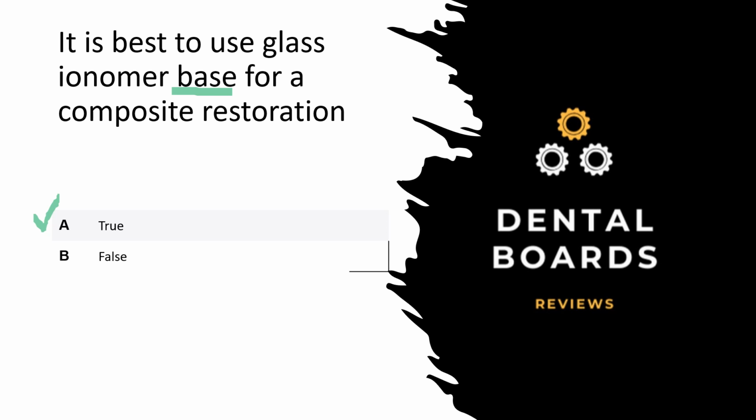Glass ionomer provides fluoride ions, to make sure that the tooth becomes stable and can remineralize, decreases sensitivity, and also provides a better seal than a pure composite by itself.